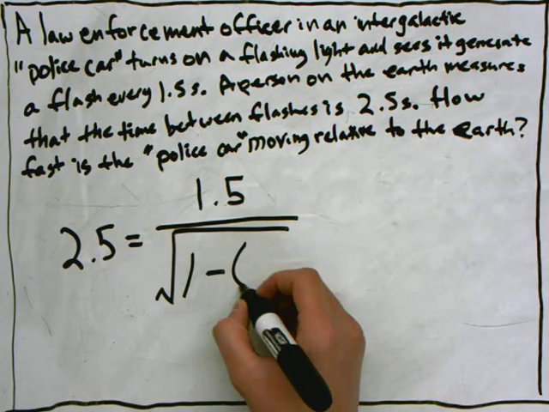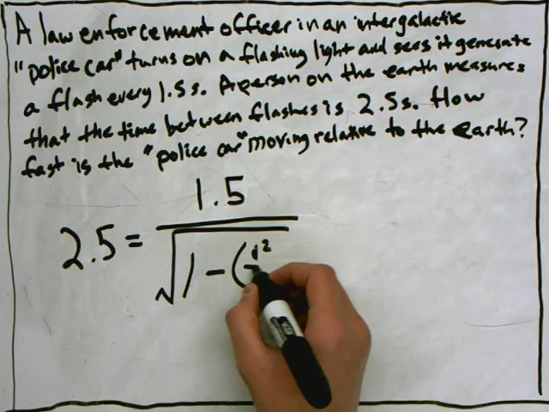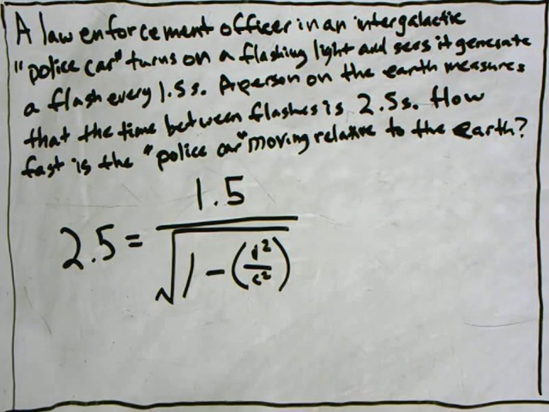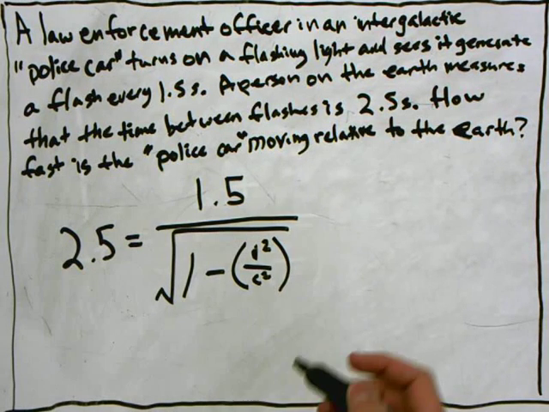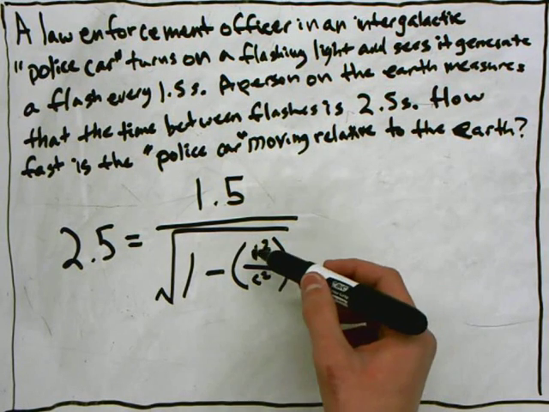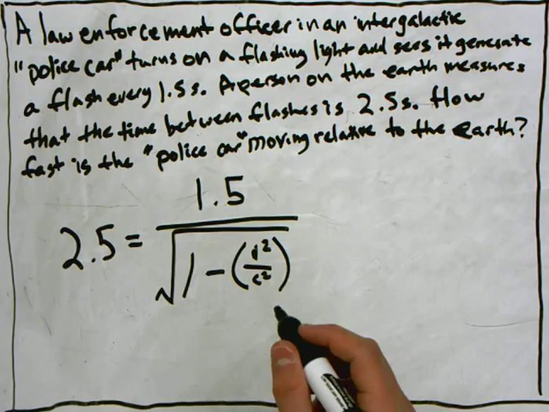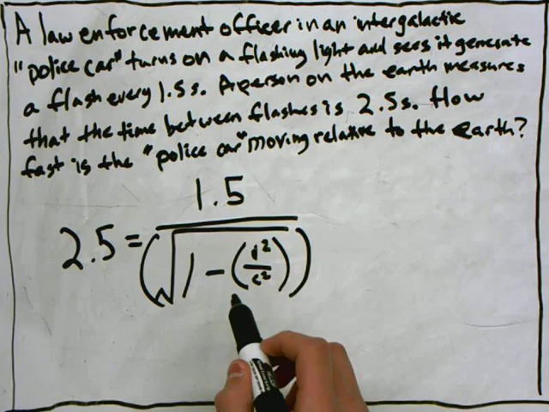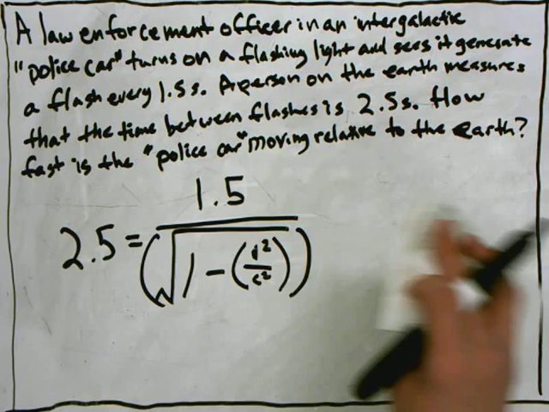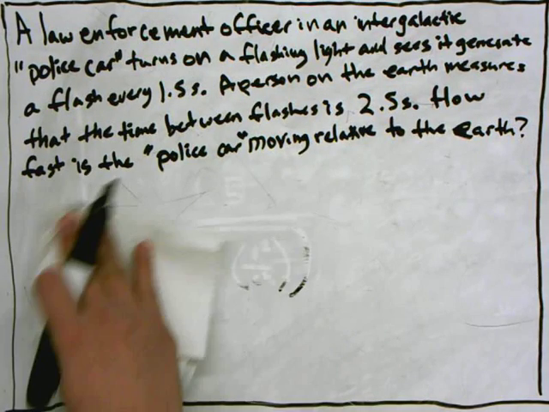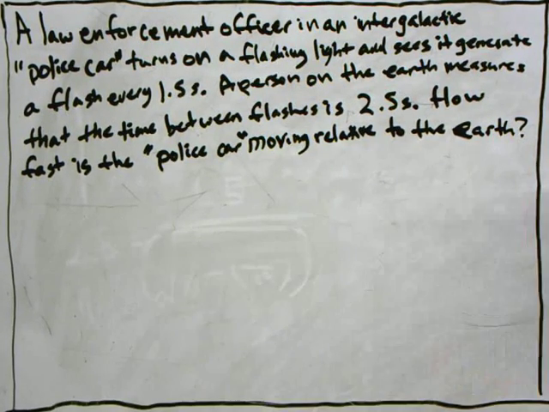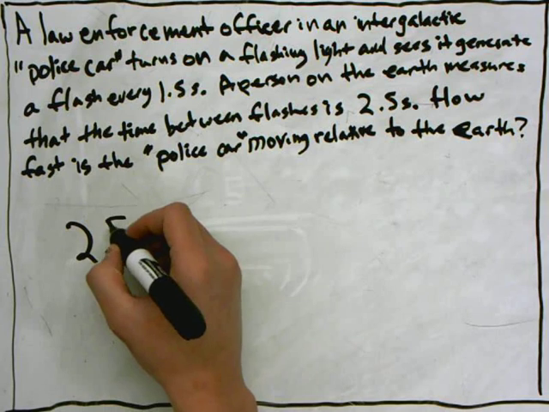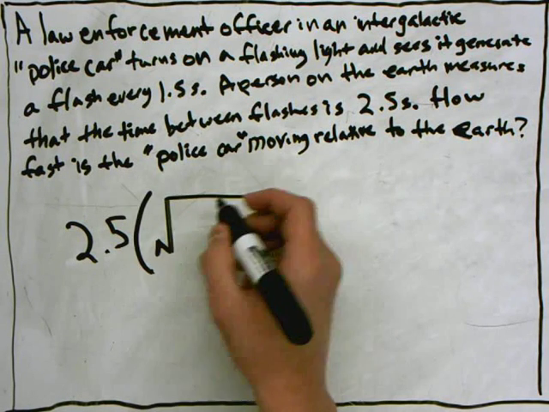Then we're going to isolate v, so we multiply both sides by this quantity. We get 2.5 times the root of 1 minus v squared over c squared is equal to 1.5. Then we can divide both sides by 1.5.